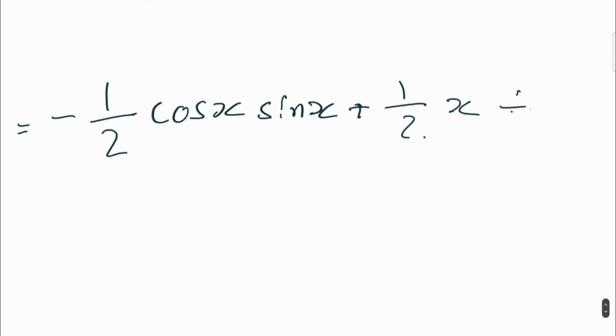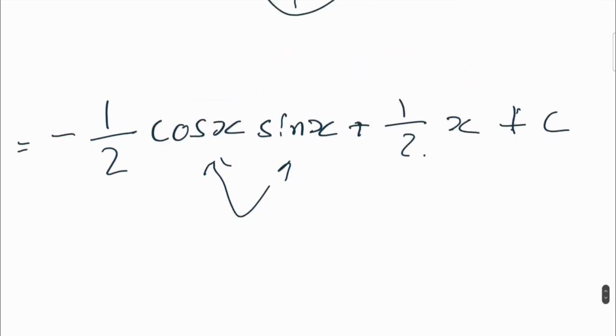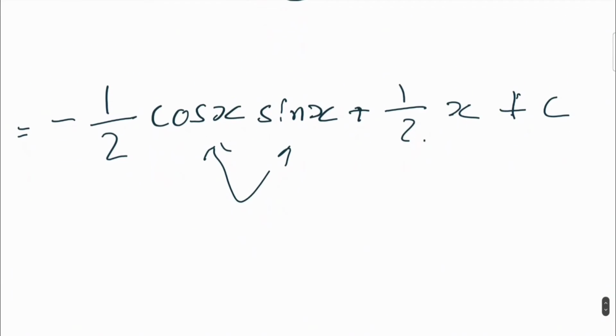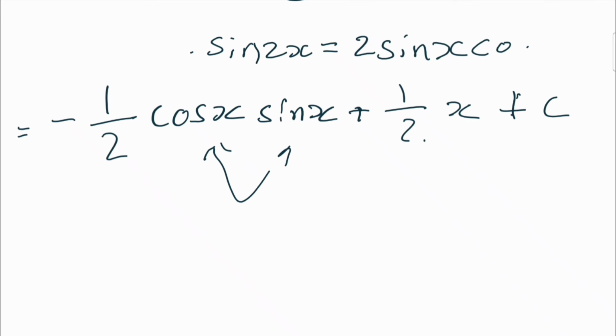Okay, so this can be our final answer if we really want, but we can change this sine x cosine x to sine 2x. Sine 2x is equal to 2 sine x multiplied by cosine x.